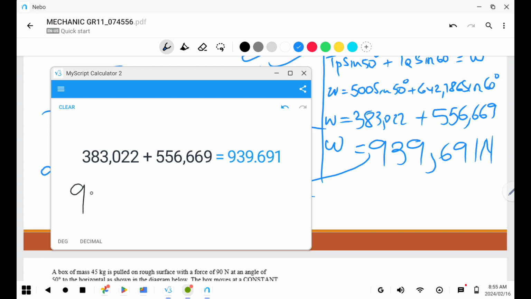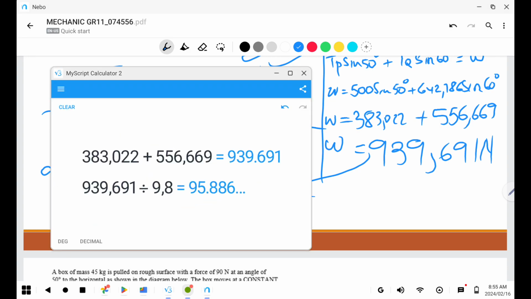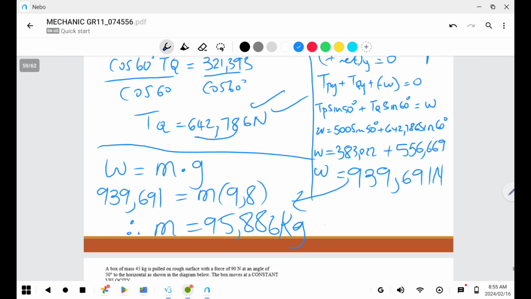So that is 939,691 divided by 9,8. No, not too bad. Average human being. 0.886. Remember, the units of mass are the kilograms.